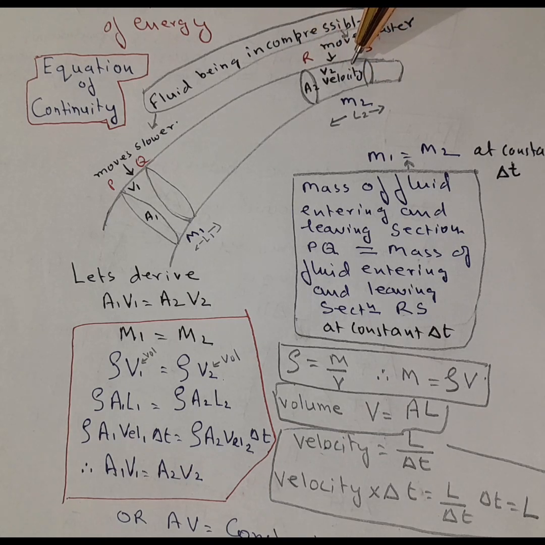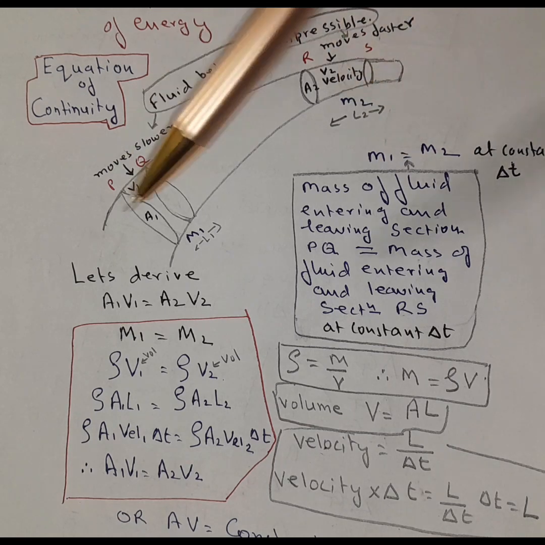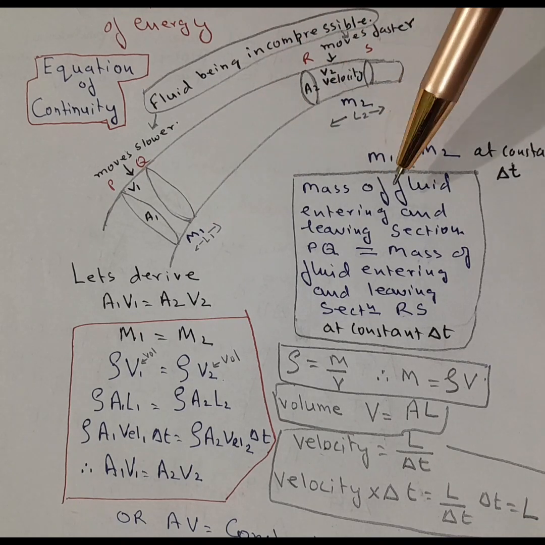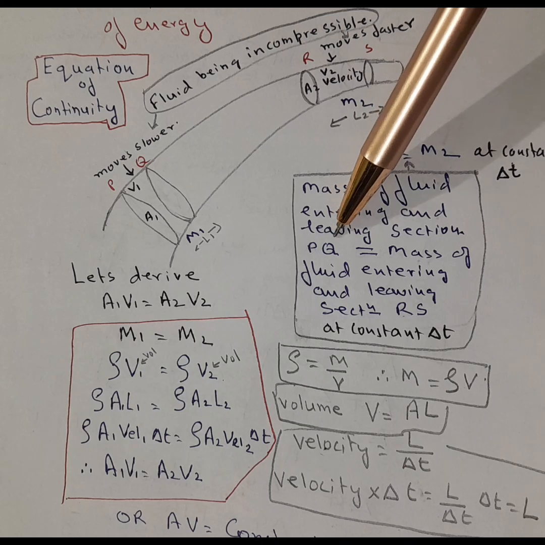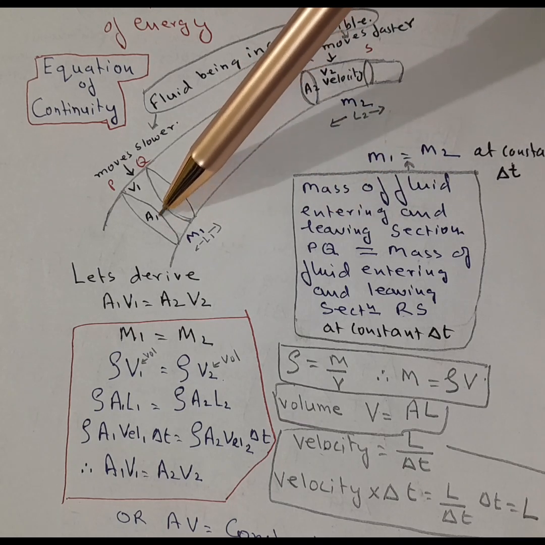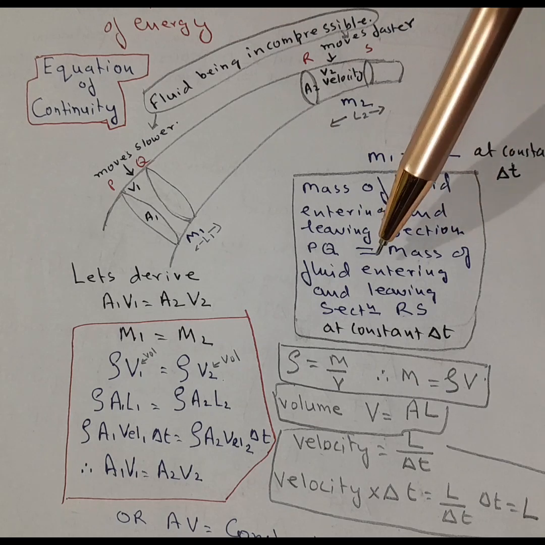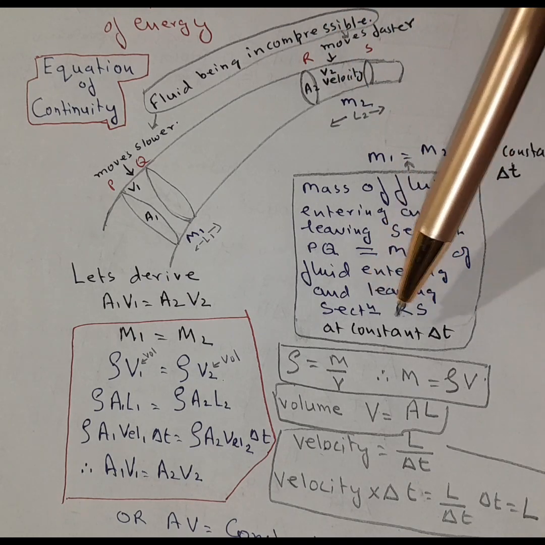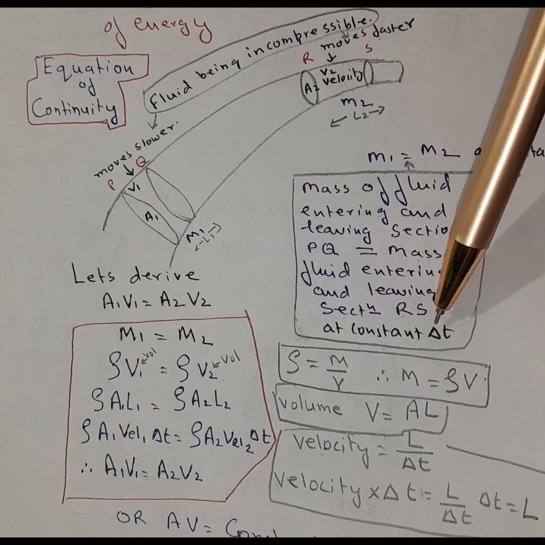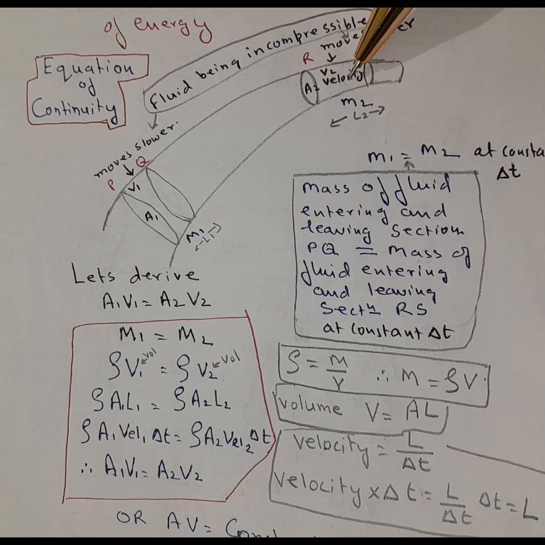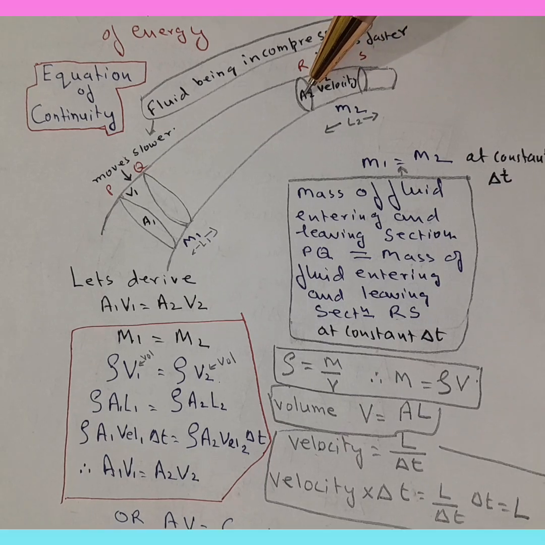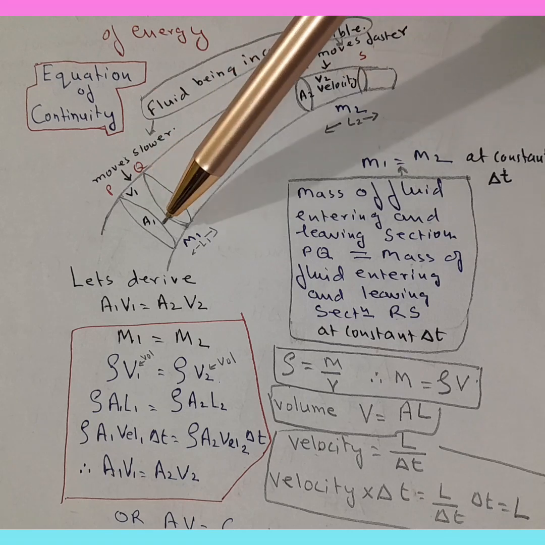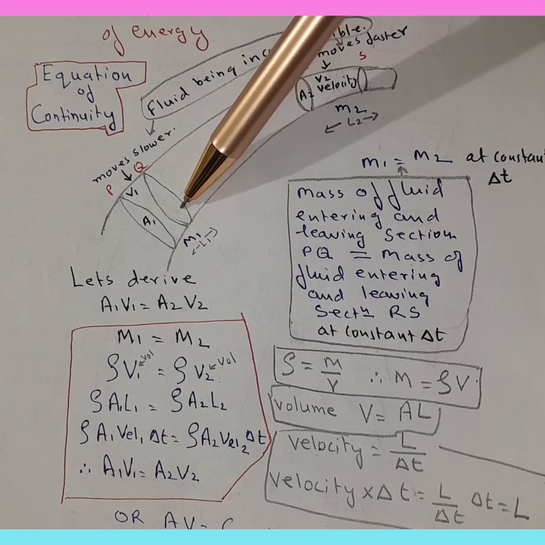All right. Now let's get into this derivation. Now the mass M1 of fluid entering and leaving section PQ is equal to the mass of fluid entering and leaving section RS, in a constant time delta T. For example, if in 2 minutes 1 kg of water flows from here, in 2 minutes even here 1 kg of water would be flowing.